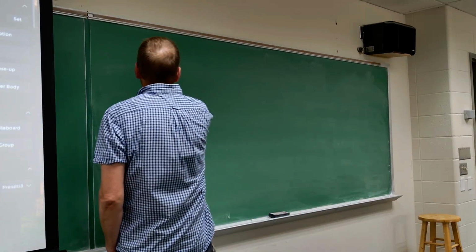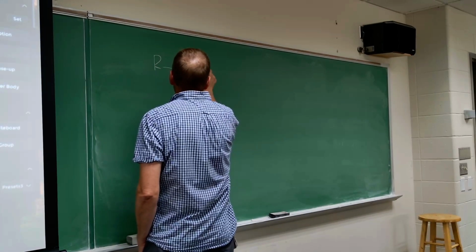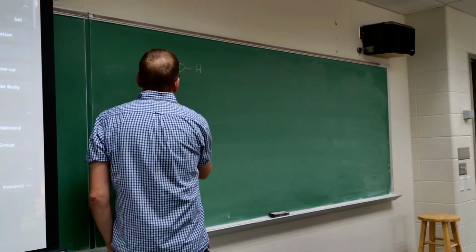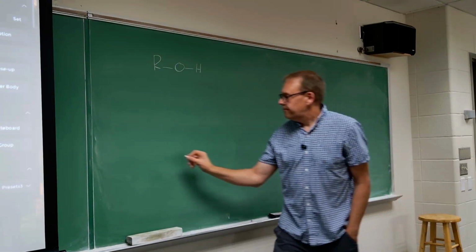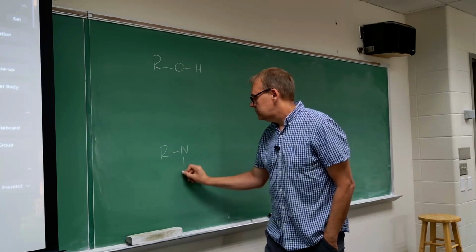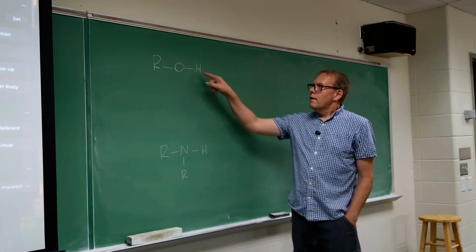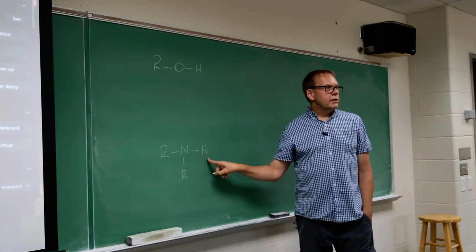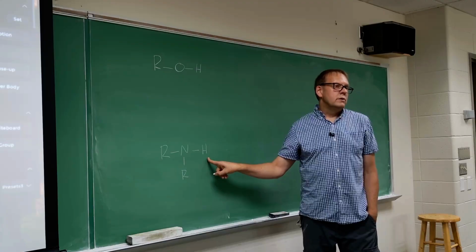So here's the situation. If you have an alcohol which has an OH group on it, or an amine with one or more NHs, these protons rapidly exchange with other OHs or NHs or deuterium.